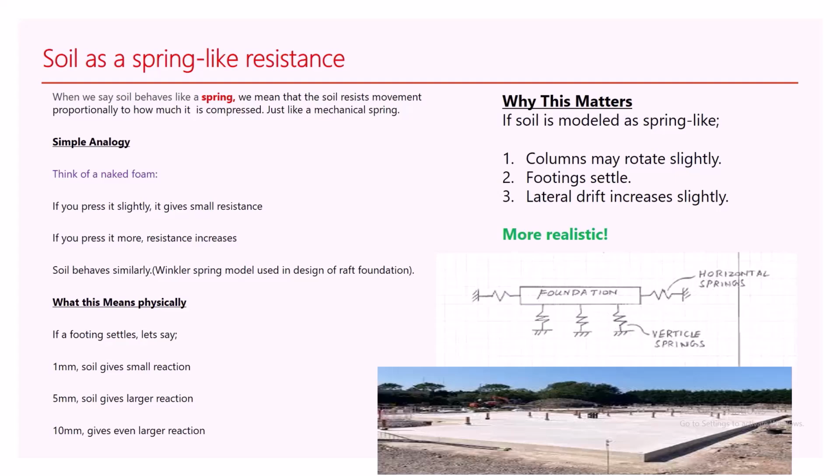In a pinned support there is rotation, right? The columns may rotate, and by the column rotating, it will increase the lateral drift. Then the footing settles as well. So this is just an example of the Winkler spring model, and this is what they mean by vertical spring. So this is your house foundation, which is being designed using this model.